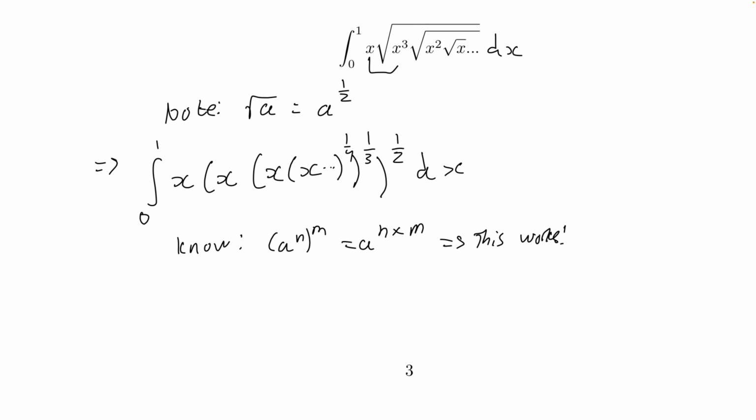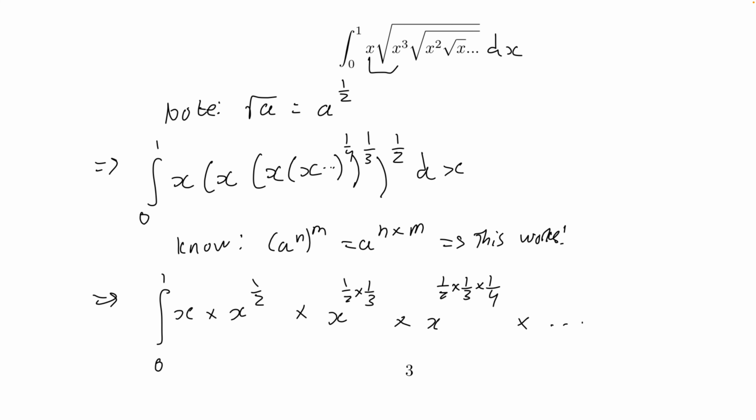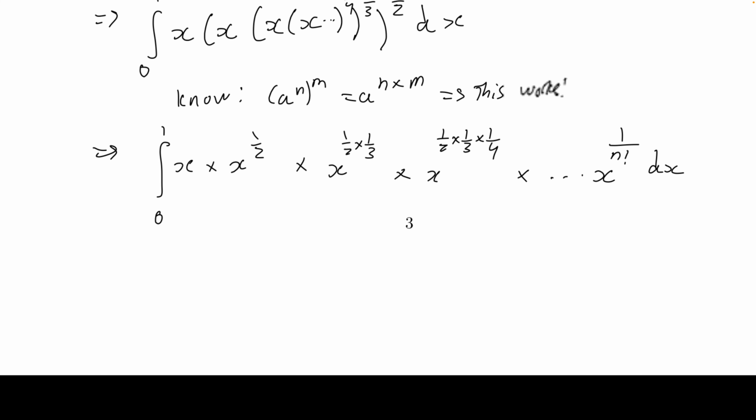We can do the same thing in our integral. 1 and 0, x multiplied by x to the half, multiplied by x to the half, multiplied by a third, multiplied by x to the half, multiplied by x to the third, multiplied by x to the fourth, and we go on, so on and so forth, until we have x to the power of 1 over n factorial dx.